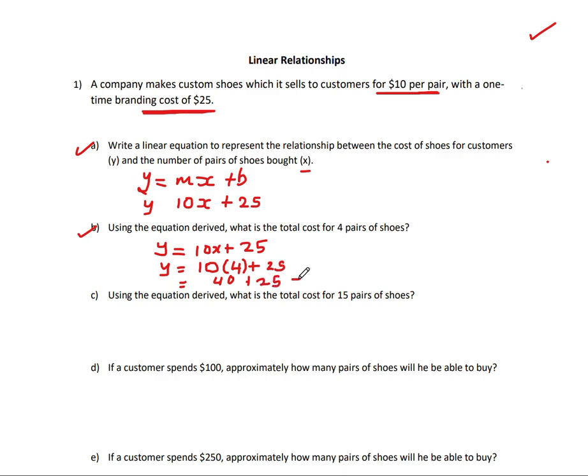So what this 65 represents is the total cost that the customer will incur when he or she buys 4 pairs of shoes. Remember that 10x means 10 multiplied by x. So when we substitute 4 for x, we'll simply multiply that by 10 as well.